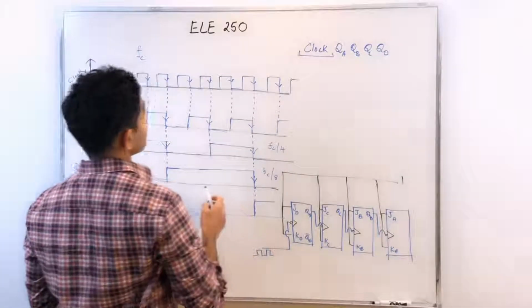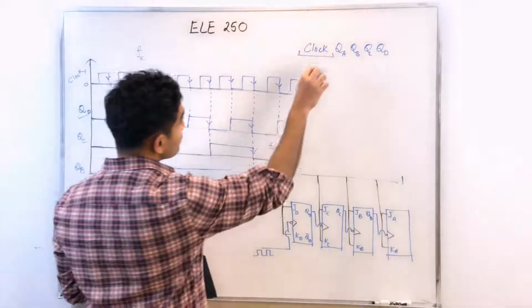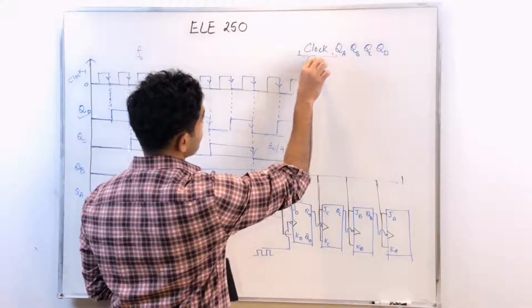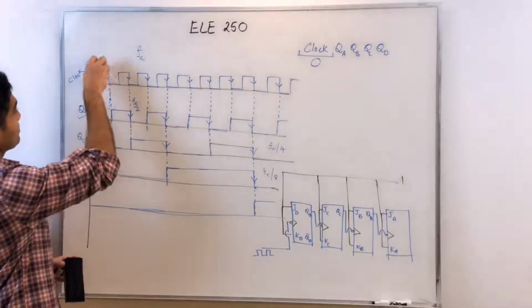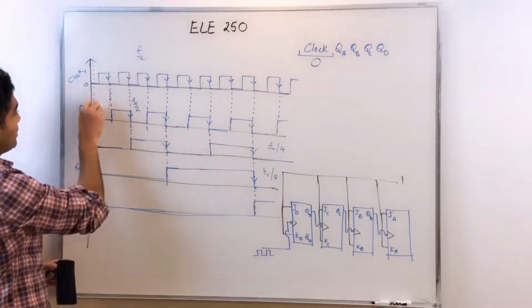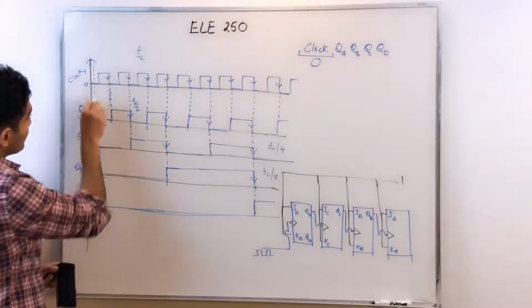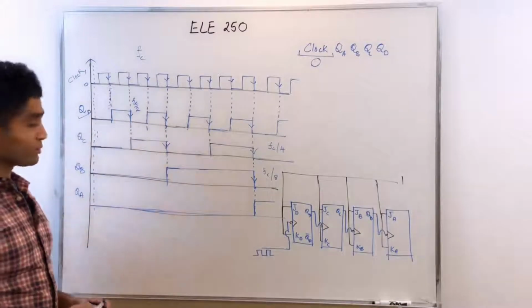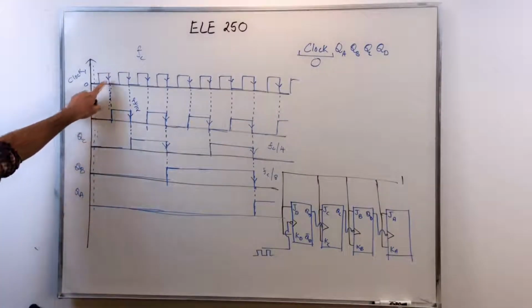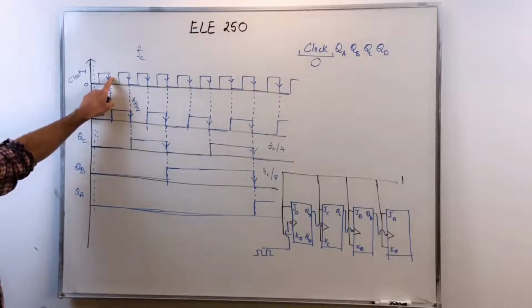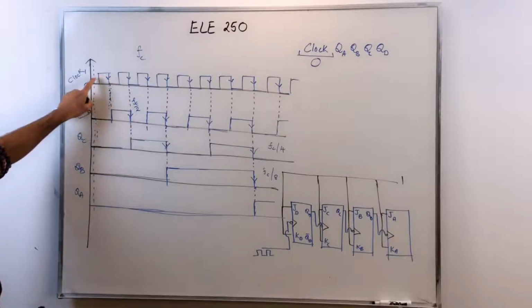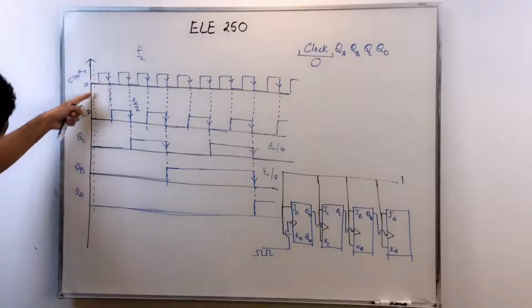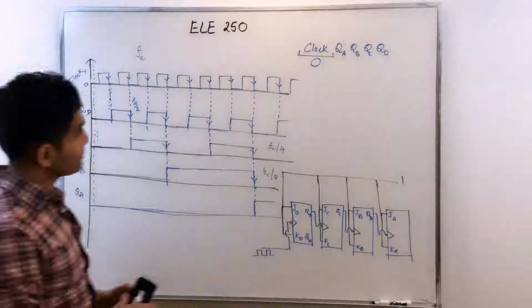So on the 0th clock pulse, or the 0th clock edge, you'll see that all the values of my QA through QD are all zeros. So I can write these to be zeros.